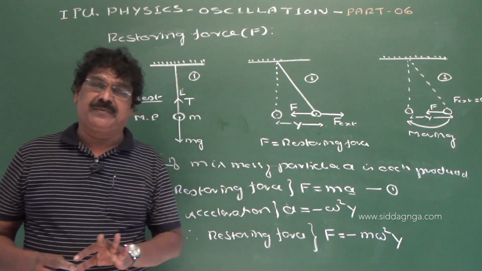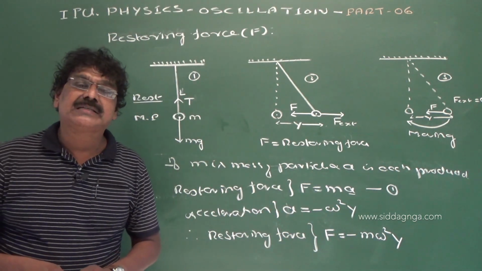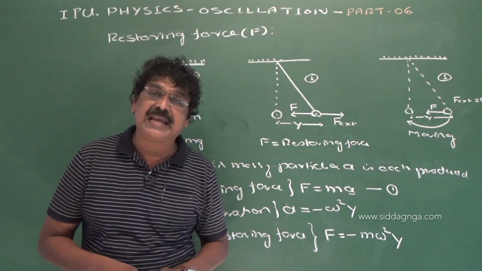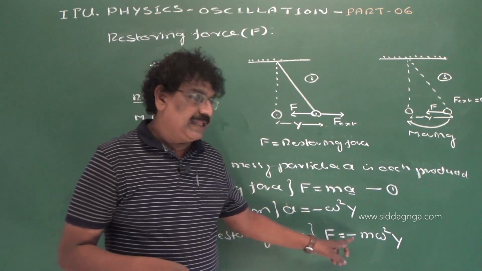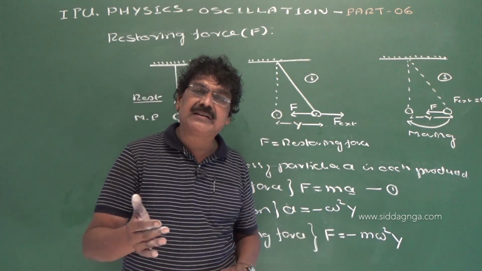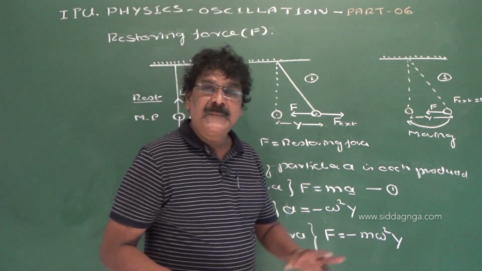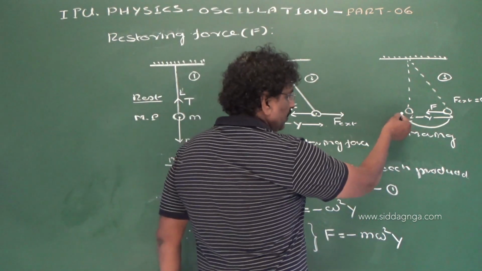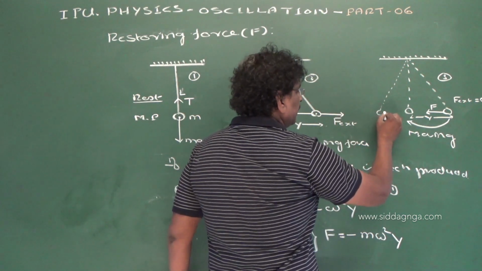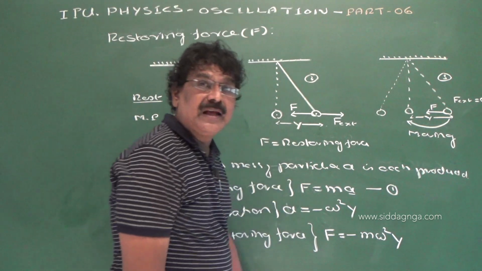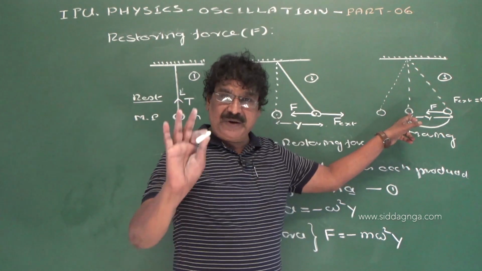Now see this equation. Again we have got a negative sign here. What is the significance of this negative sign? The significance is that the force is always directed towards the mean position. When the particle overshoots the mean position, from here to here speed increases.